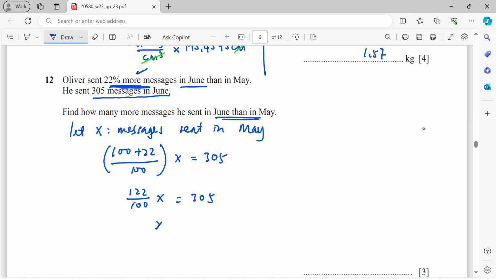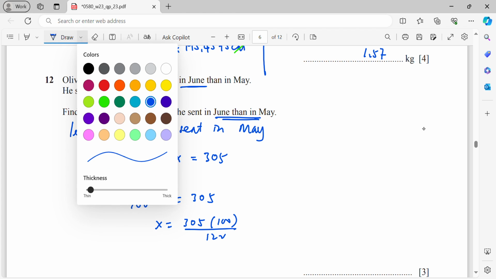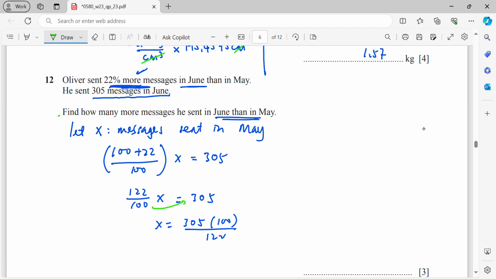So now X will be 305 times 100 over 122. So you move up the 100 and divide, and move down the 122. Then from here, I will be getting 250. So that means in May, Oliver sent out 250 messages.